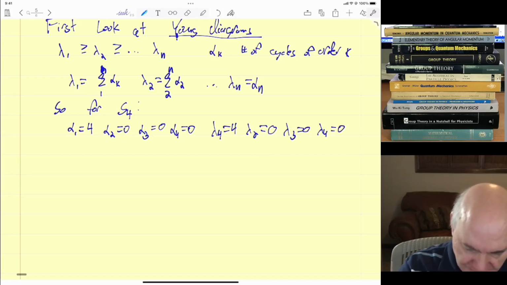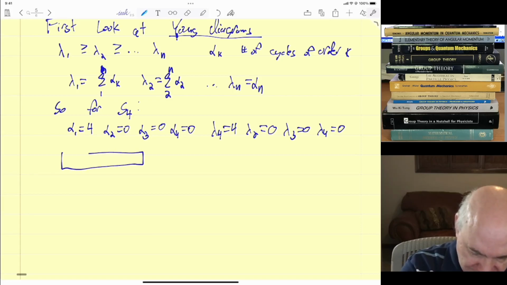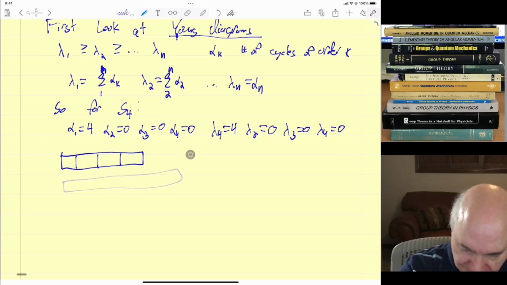Now, the Young diagram, I didn't say this, I should have mentioned it, corresponds to, first you put lambda 1 boxes in the first row. So this is that. And then below it, you put lambda 2. Remember, you're never going to have something that goes like this, because lambda 1 is greater than lambda 2 is greater than lambda n.